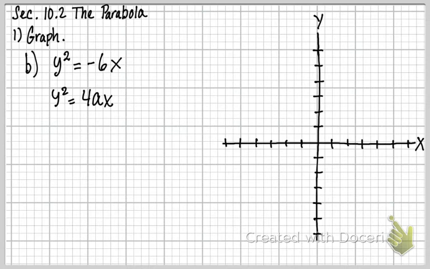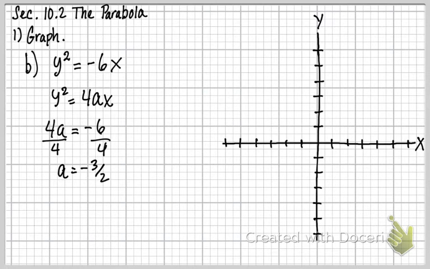So what that means is I have to get it in that form, 4ax. So 4a is going to equal negative 6. To solve for a, I just divide by 4, so a is going to be negative 3/2.